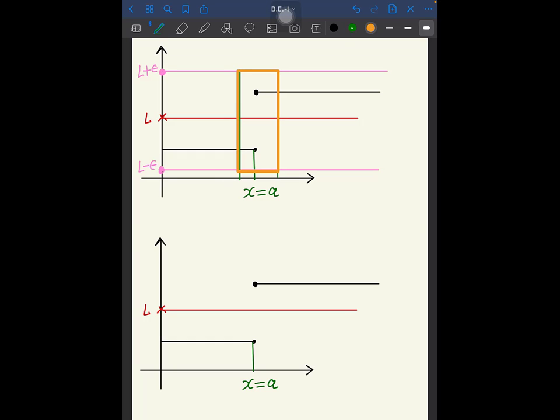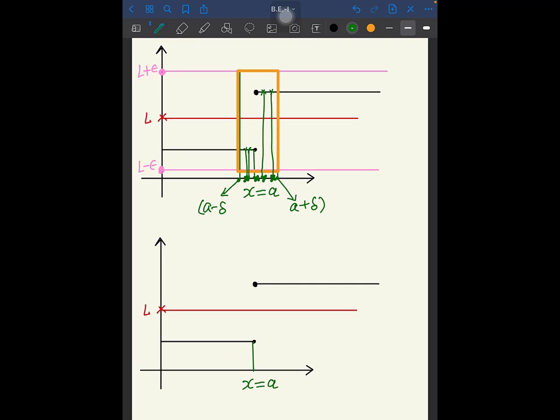So this is your a minus delta to a plus delta, and every value is mapping in the box, right?